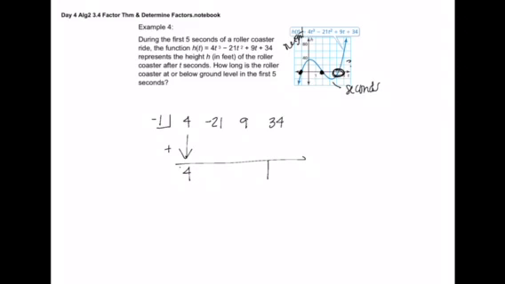Drop your first term, multiply, add, multiply, add, multiply, add. And you can see that we in fact got 0 as our remainder, so -1 is a zero. H of -1 equals 0, so it is a factor.